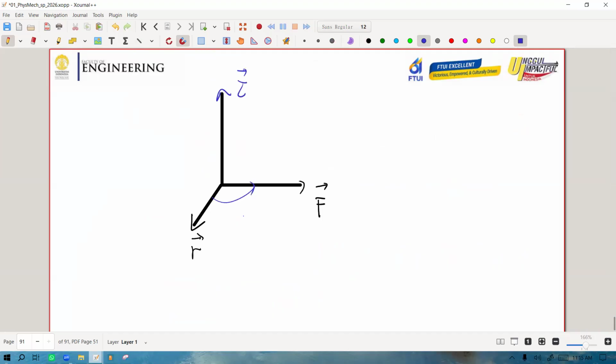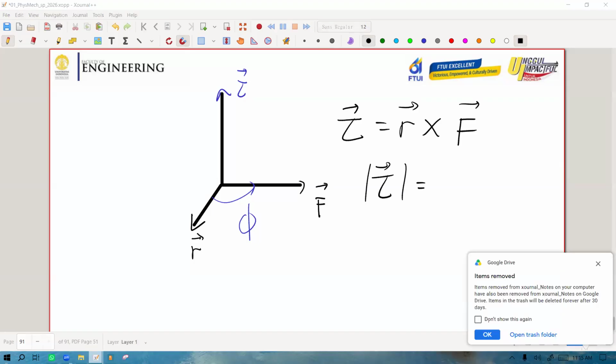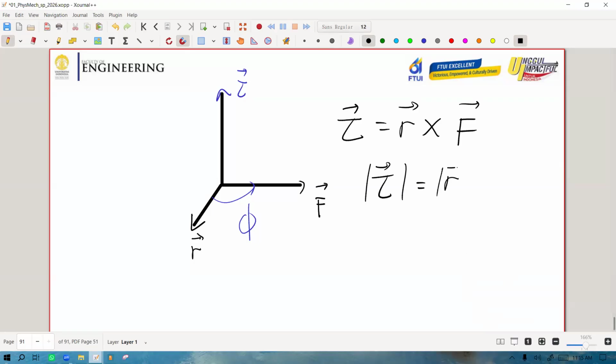It obeys the right hand rule. So the torque is R cross the force. Or in scalar notation, we can say it is the radius or the moment arm, and then the force, sine phi.